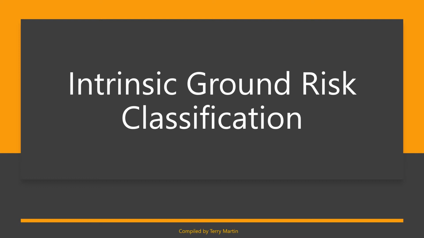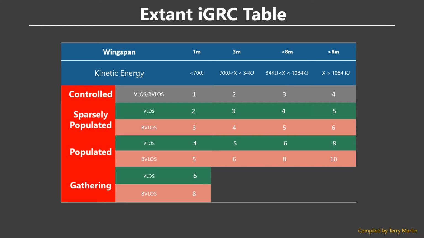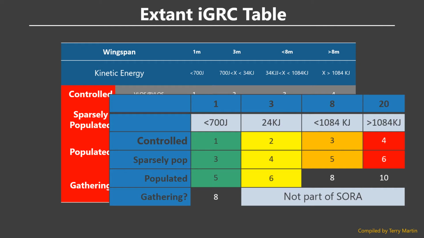So with the background out of the way, let's drill into the iGRC table and some of the new work that we've done within Annex F. I've already highlighted or introduced the extant version 2 SORA iGRC and emphasized the fact that we've simplified it by removing the VLOS elements and moving them into the mitigation section.